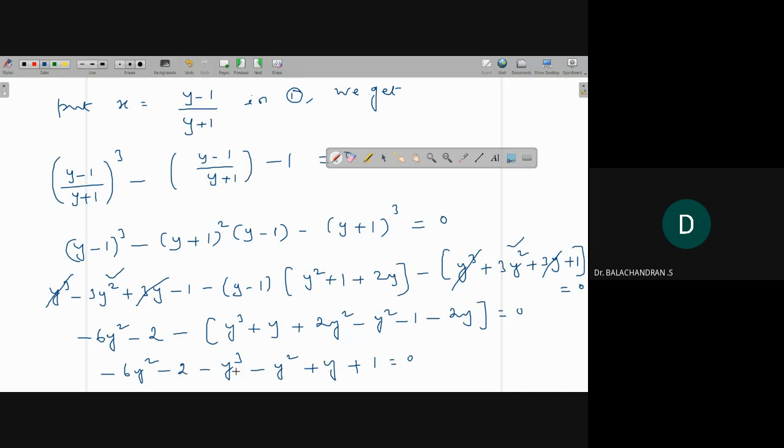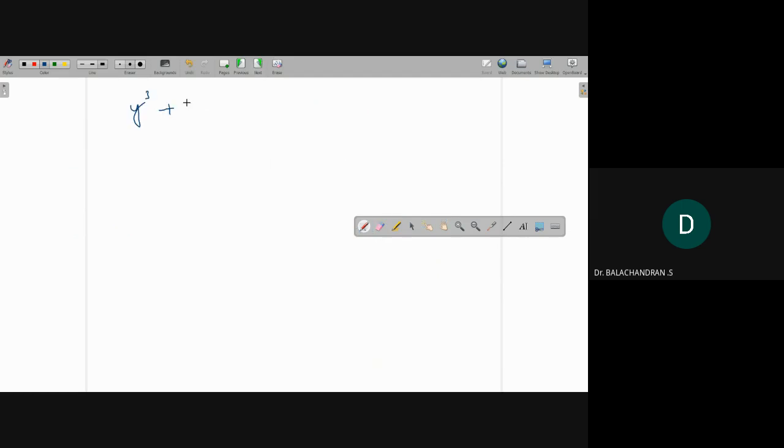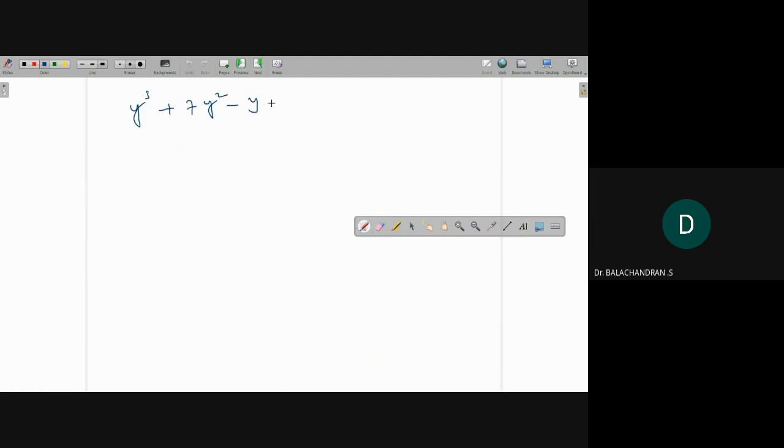You get y cube, minus 7y square, multiplied by minus so plus 7y square. How many y? Plus y, so minus y. Then the constant term is minus 1, multiplied by minus 1 gives plus 1, equal to 0. This is the transformed equation.